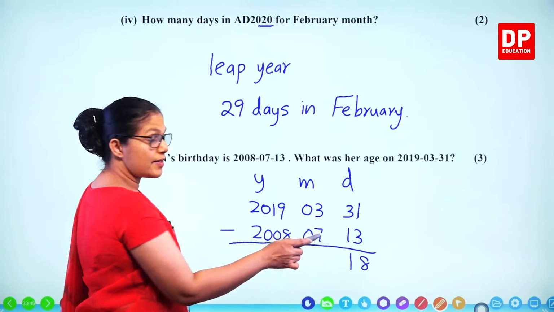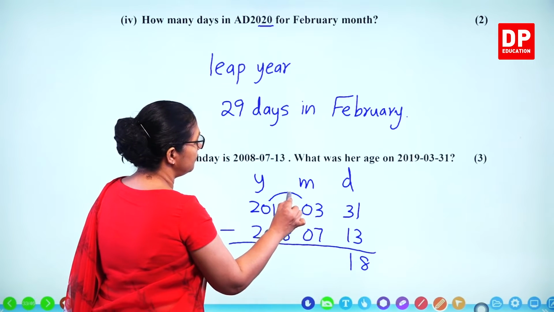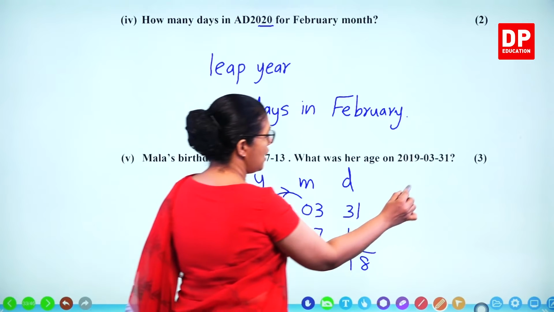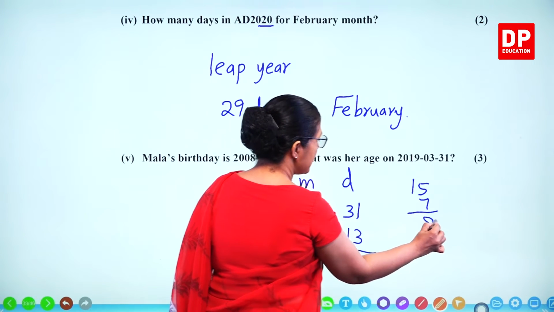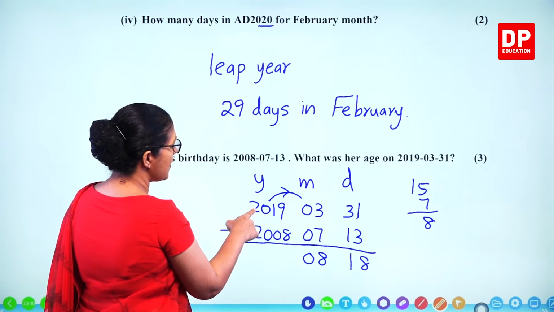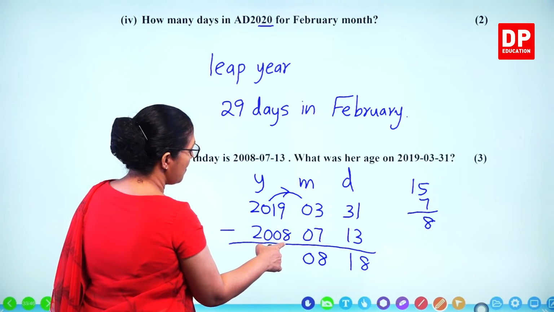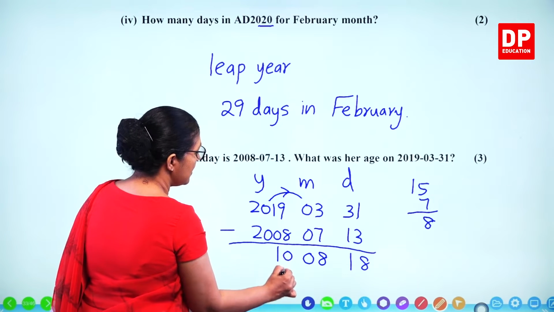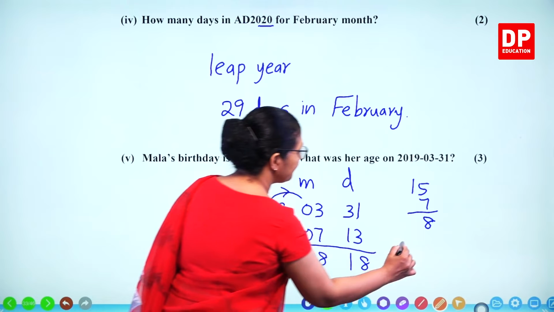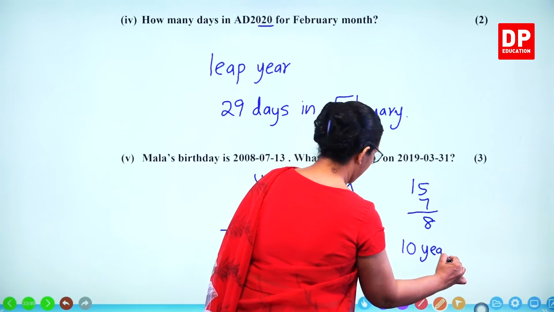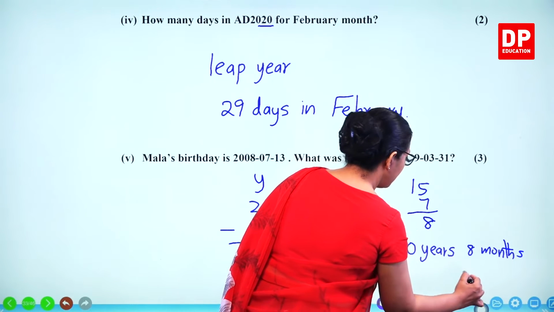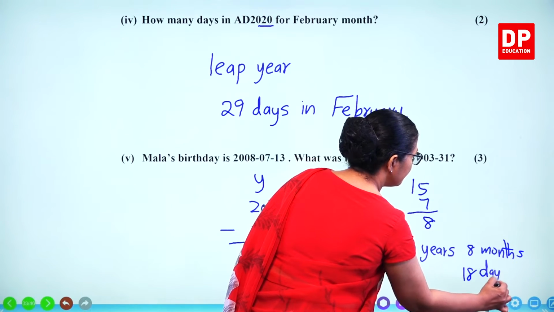But we can't subtract this one, so you have to take 1 year. 1 year means 12 months. 12 plus 3, 15. 15 minus 7, you get 8. So 8 months are there. Then how many years are there? This is 2018 minus 2008, 10 years. So age is 10 years, 8 months, 18 days.